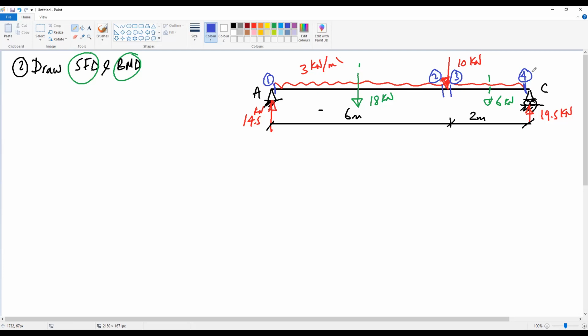The next step is to draw the guidelines. Okay. So under each section, we need to draw the guidelines.